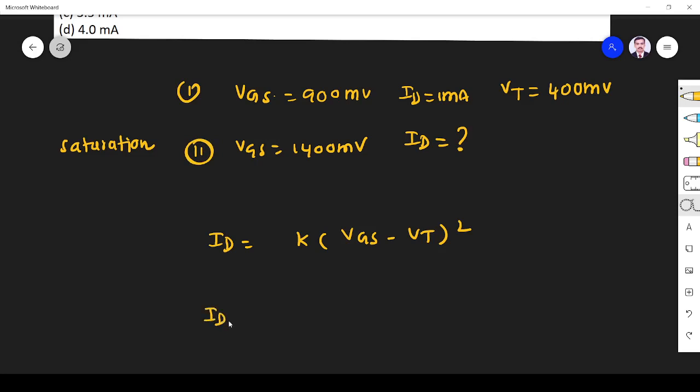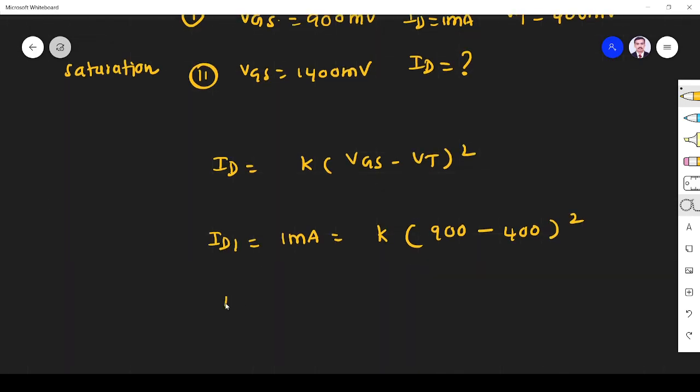For the first one, drain current ID1 is 1 milliampere, equal to K into (900 minus 400) square. Similarly for the second, ID2 is equal to K into (1400 minus 400) square.